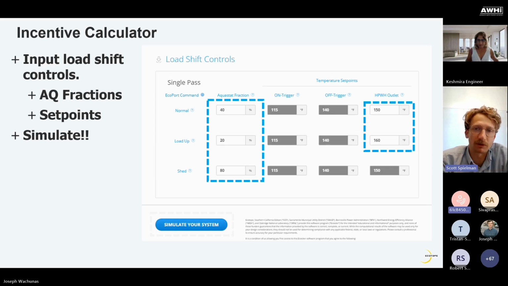For those, you select the aquastat fraction, which the heat pump turns on at, and the outlet temperature of the heat pump, and the simulation will then shift the aquastat fraction and the outlet temperature based on the operating mode in the simulation. And so then you say simulate your system.